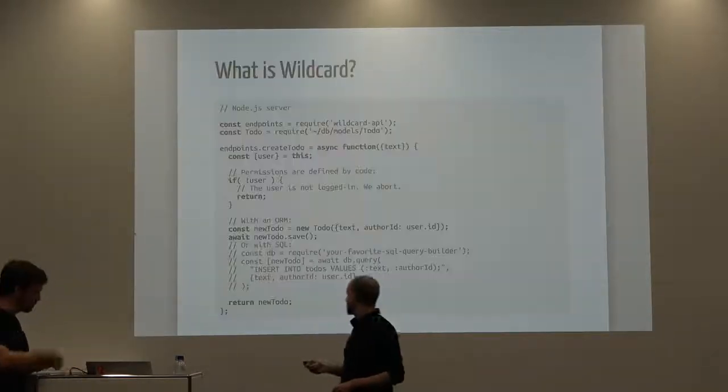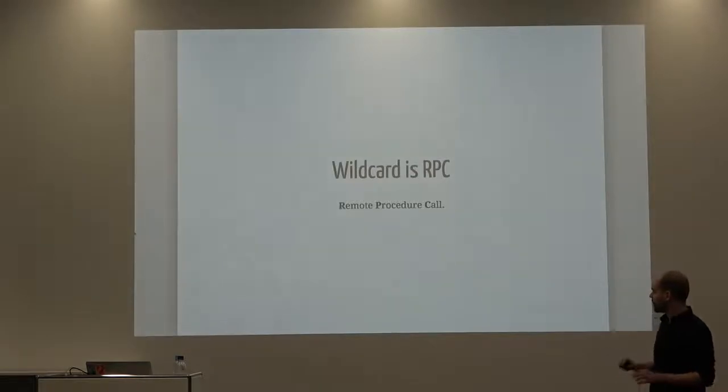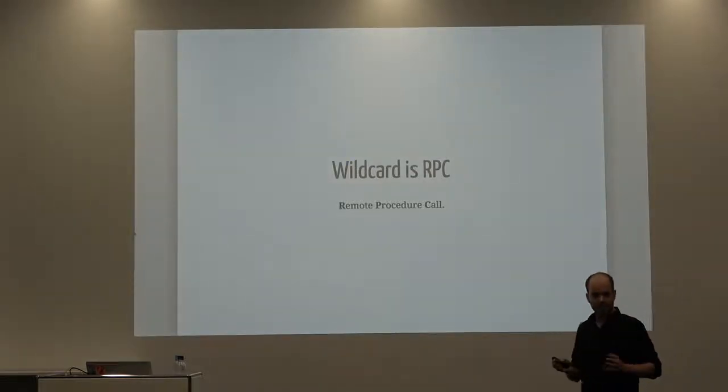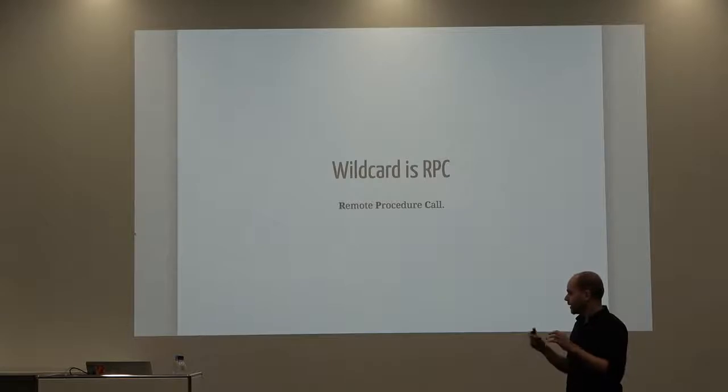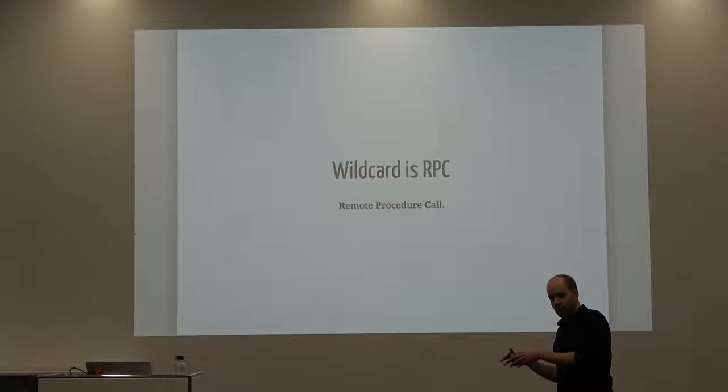So what we're doing here is called RPC, which stands for Remote Procedure Call. And the idea is very simple. You define a function on a remote process, and you call it in another process in a way that you don't really realize that the procedure being called is run in a remote process.